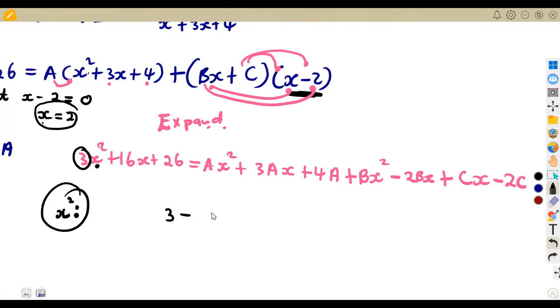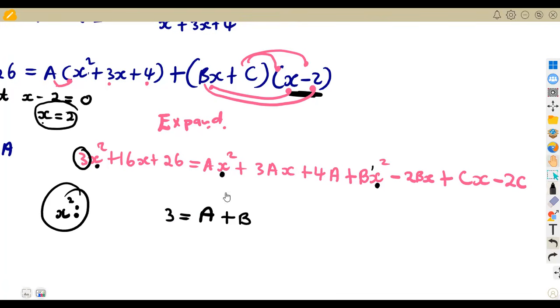So 3 is equal to, on the right-hand side, do we have any part with x squared? Yes, there is x squared here. What is the coefficient there? That is a. Also, there's another x squared. What is the coefficient there? That's a plus b. So we're going to have a plus b, which is equal to 3.